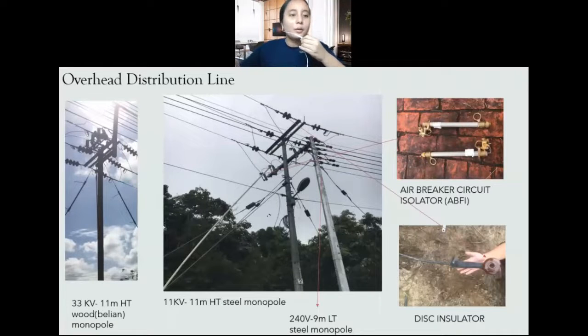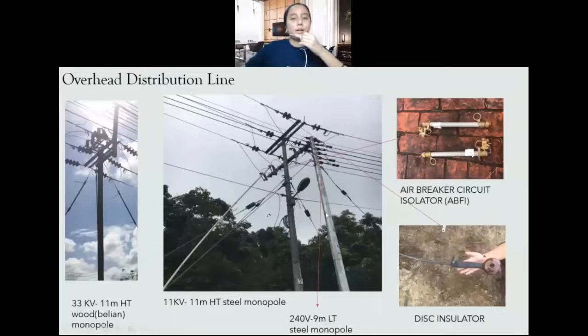The first picture is a 33 kilovolt 11 meter high tension wood monopole, and this one is an 11 kilovolt 11 meter high tension steel monopole. But this one is a 240 volt 9 meter low tension steel monopole.